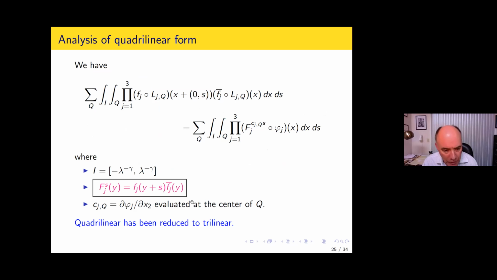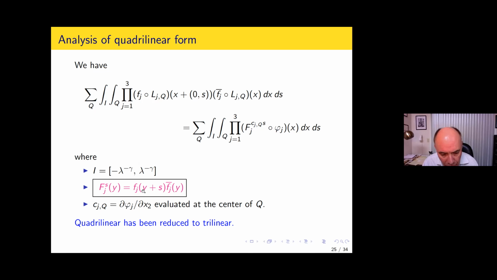The exact definition is down here in this box. So capital F sub j of y is f sub j of y plus s times f sub j complex conjugate of y. And that depends on this extra parameter s. So I put that in the superscript here, but I want to think of this primarily as a function still of the single variable y.